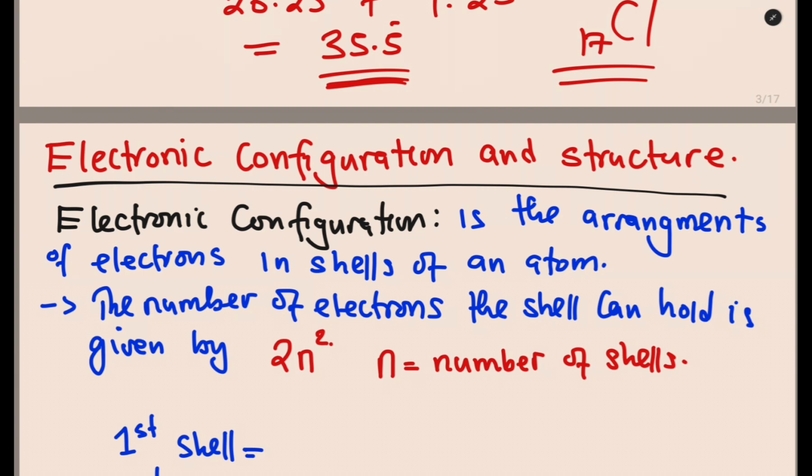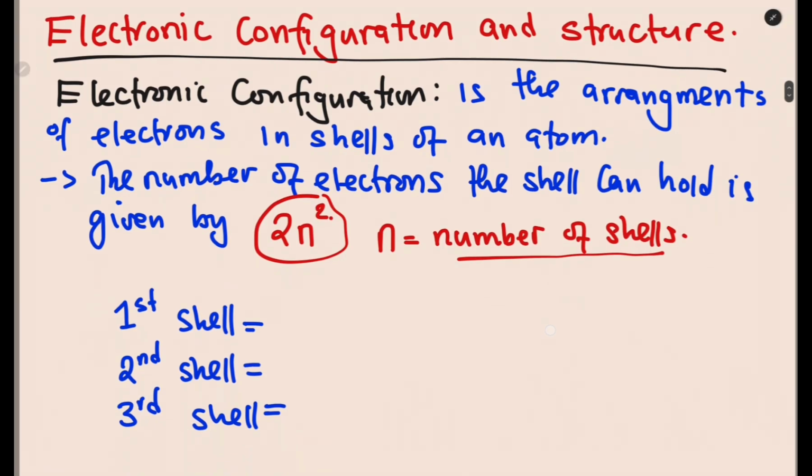Now it is very important to know the rules that apply when it comes to electronic configuration. You don't just assign electrons. Since it's just the arrangement of electrons in the shells of an atom, there are rules that you follow in assigning electrons. One thing you should know is that the formula you can use to assign electrons is 2n^2, where n is the number of the shell.